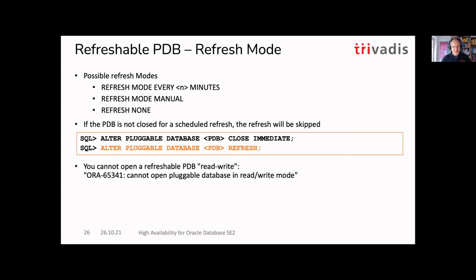A refreshable PDB is protected, so we cannot open it in read-write mode, because if you think of the refreshable PDB open in read-write mode, it would be a split brain between source and copy.